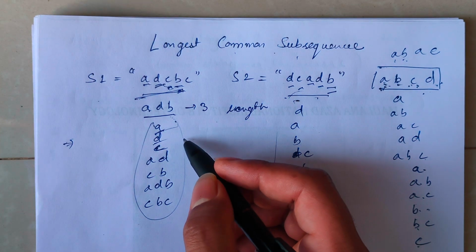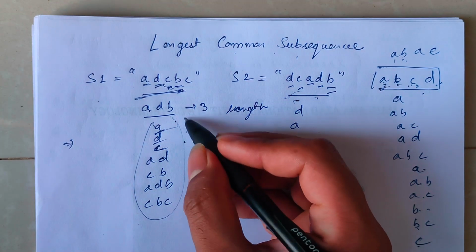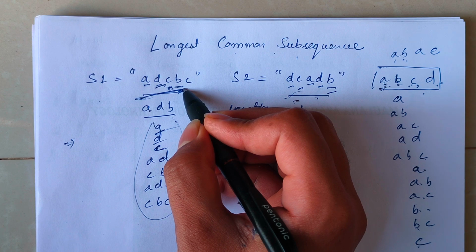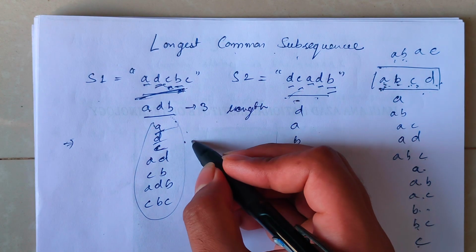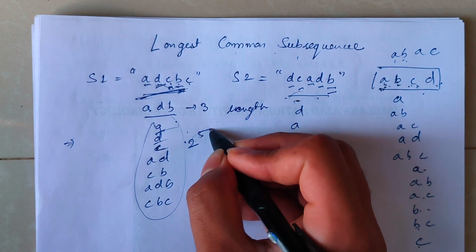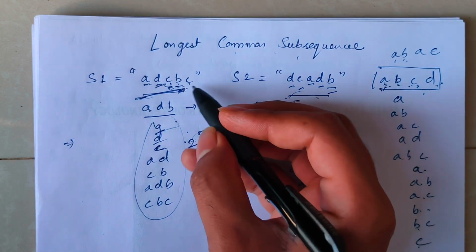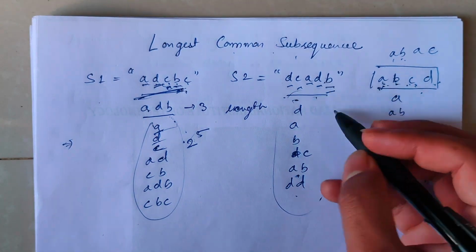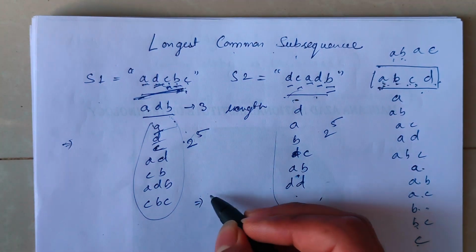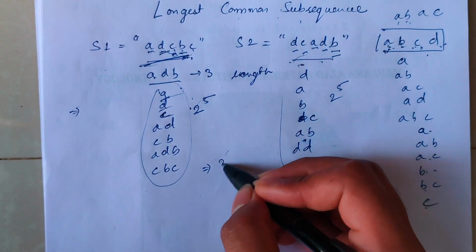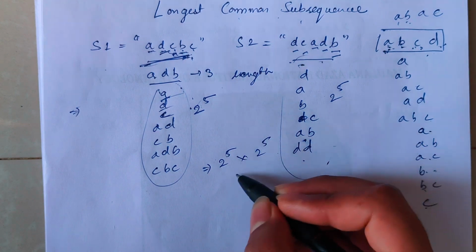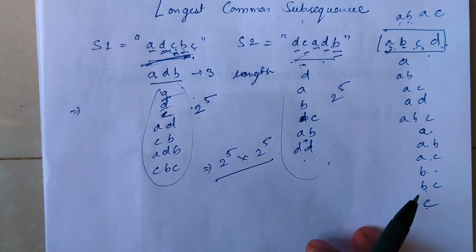So the total number of subsequences this string can have is 1, 2, 3, 4, 5. So 2 to the power 5 subsequences this could have, and this could also have 2 to the power 5 subsequences. So we would need a total of 2 to the power 5 into 2 to the power 5 calculations.